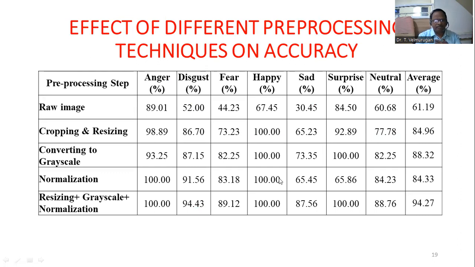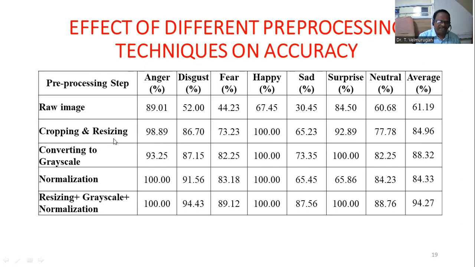Dear participants, you have to see here the effect of different pre-processing techniques on accuracy. The raw image has 89.01 accuracy for one kind of image, and for another 52.00, and for FER 44.23% accuracy. All of these are very important.